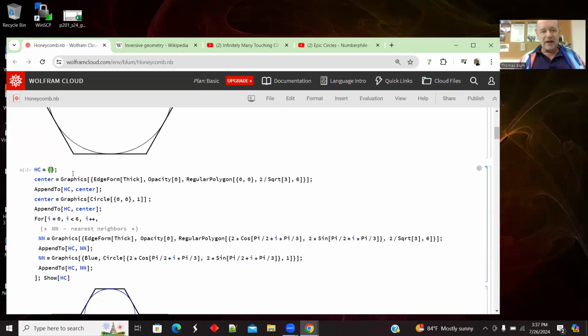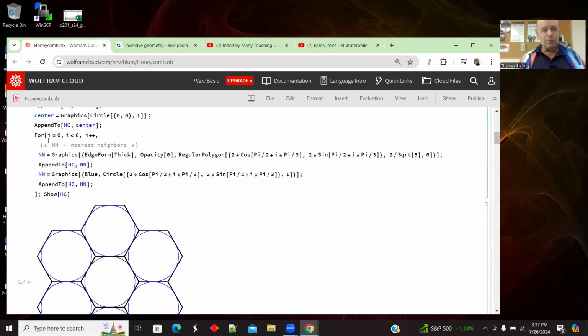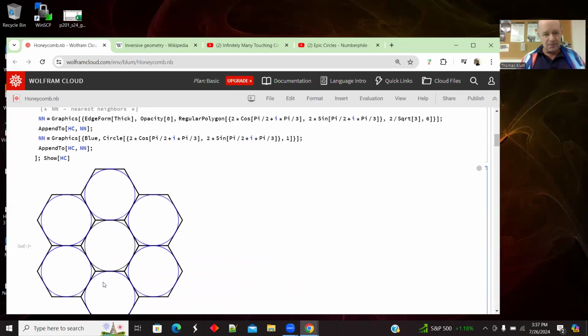I repeat what I had above, making the graphics for the center hexagon, and I add it to my list. And then I make my circle and add it to my list. And then I do a loop from 0 up to 6, not including 6, so I'm going around my hexagon.